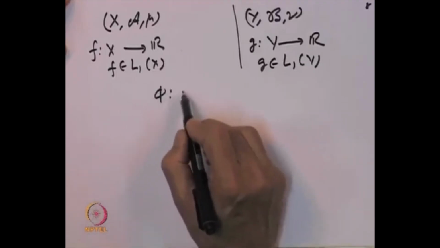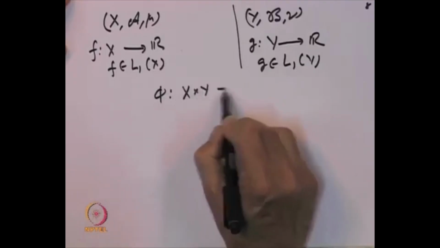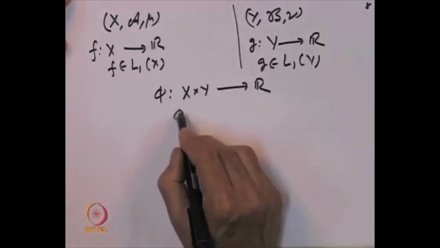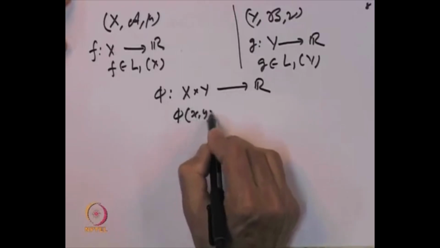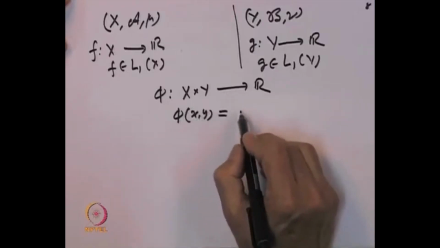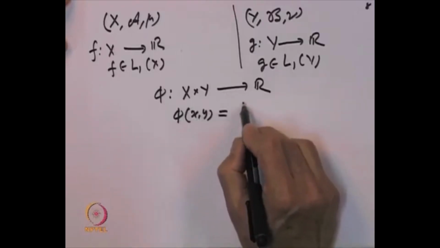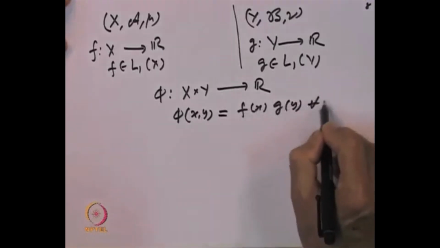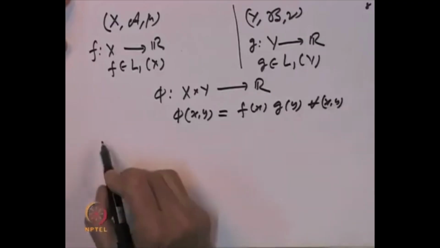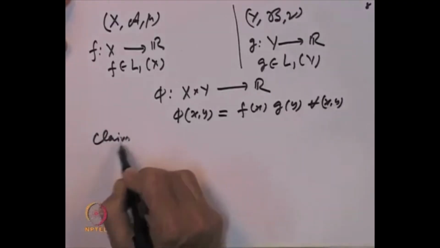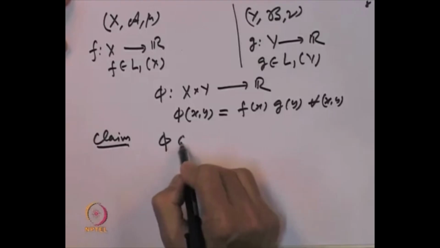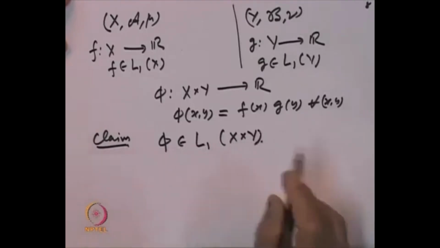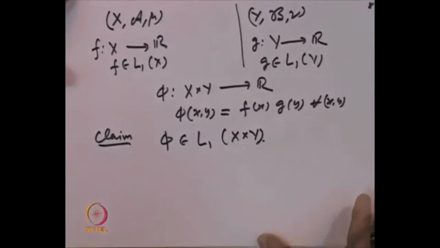We are defining a function phi on X cross Y taking values in R, and the function defined is phi(x, y) equal to f(x) g(y) for every (x, y). So, the claim is that phi belongs to L 1 of X cross Y. So, that is what we want to show.